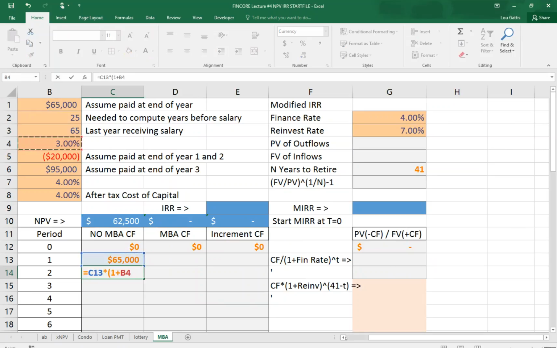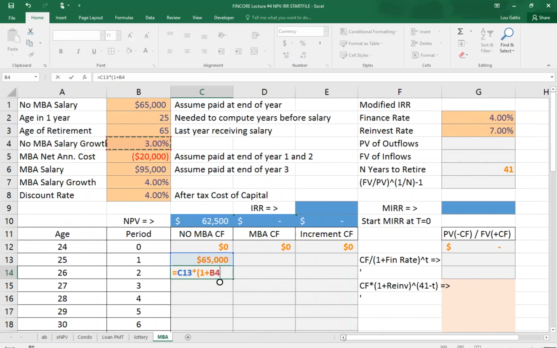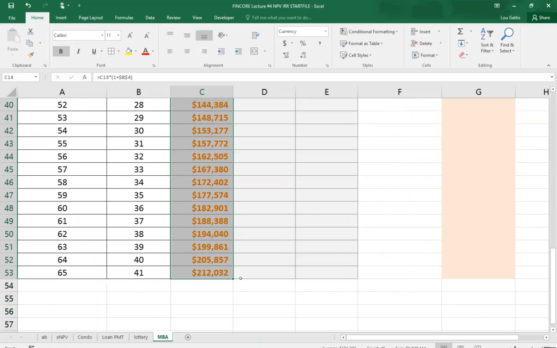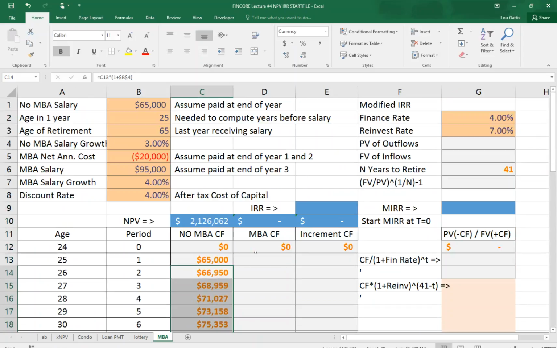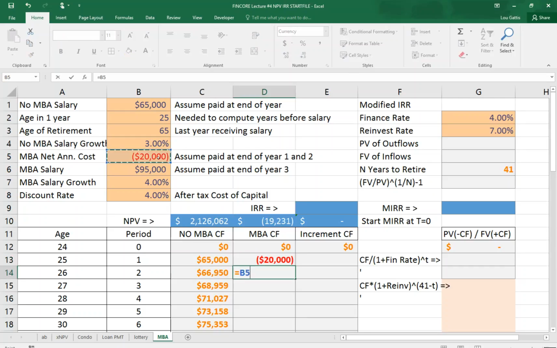I'm going to anchor that. So I don't do my MBA. I happily earn these salaries that grow at 3% forever, ending at $212,000 when I retire. Now, if I do get an MBA, I'm going to spend $200,000, we'll assume at the end of the first year, and $200,000 at the end of the second year. We'll just make everything year-end payments to make things simpler.